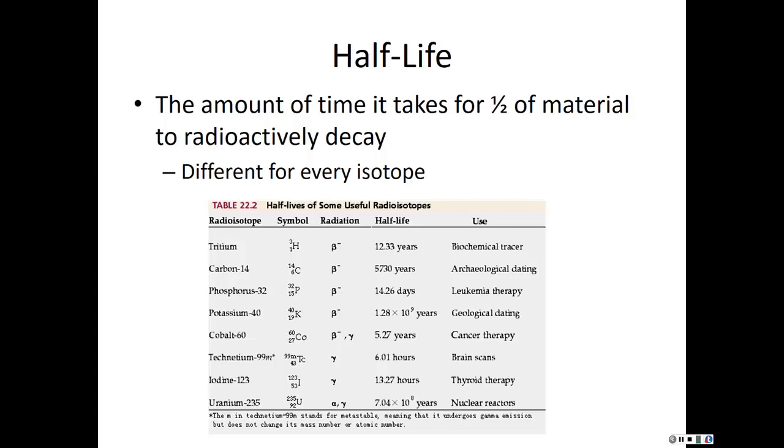Then, if I wait one more half-life, half of that amount's going to disappear. So now I'm down to 25 grams. And it gets cut in half every time. So one more half-life is going to be 12.5 grams, and so forth and so on. So every half-life you have, the amount is halved as you go through.